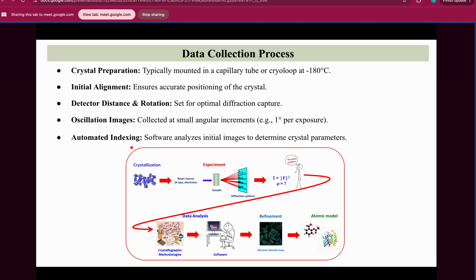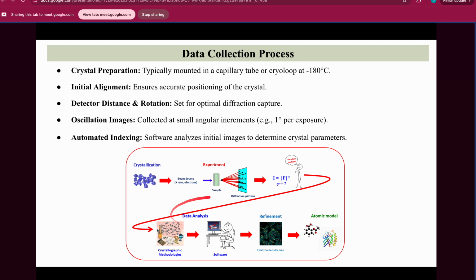After doing all of this, we do the automated indexing. We use certain software which analyzes the diffraction patterns obtained to determine the crystal parameters. After the crystal parameters have been determined, we will know the shape of that particular crystal and what angles we need to move to, meaning what other oscillations we can perform.